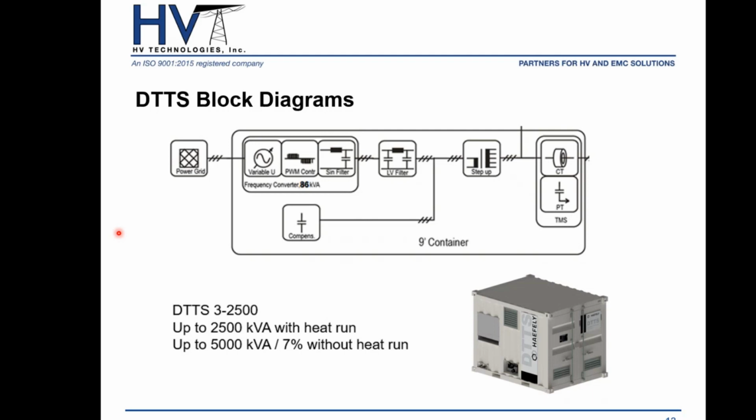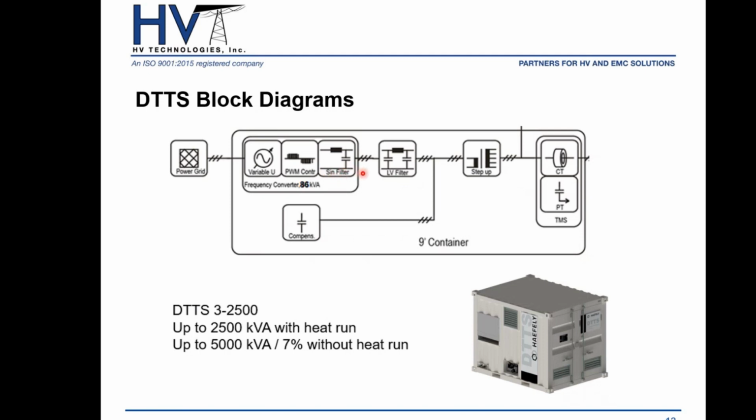That we will see here in these block diagrams. In the following two slides, we have block diagrams where I'll demonstrate, for example, in a DTTS 3-2500, you'll have your connection from your power grid, and that will feed into the frequency converter, which has pulse width modulation controls. It has a sinus filter.